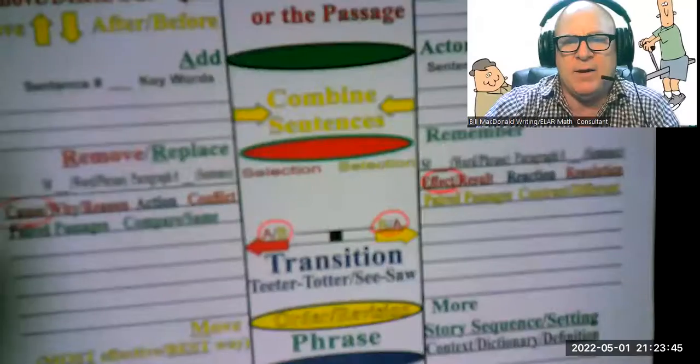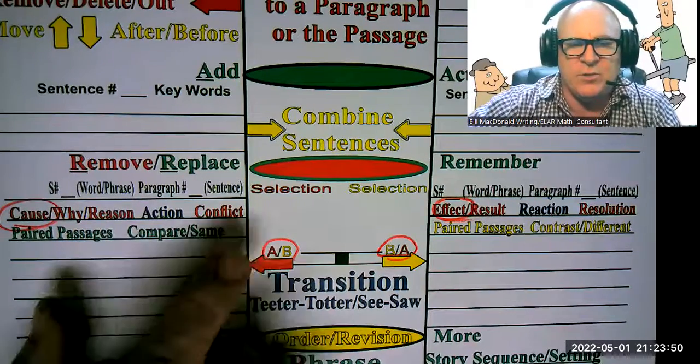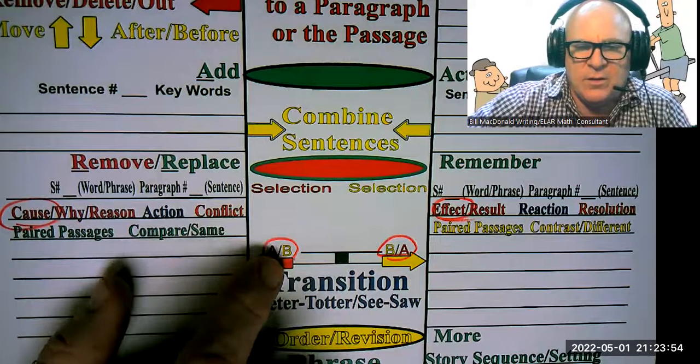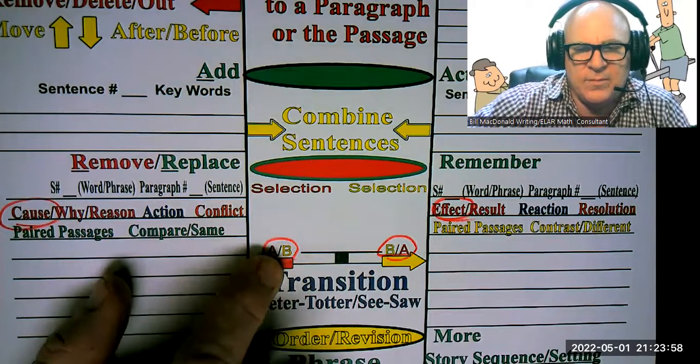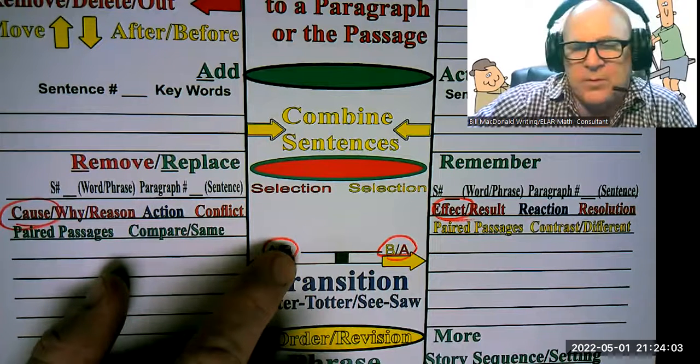So let me show you, because of that concept, the bottom portion of my revising graphic organizer. So the question is either the cause, sorry, the effect, and we have to back it up to find the cause.